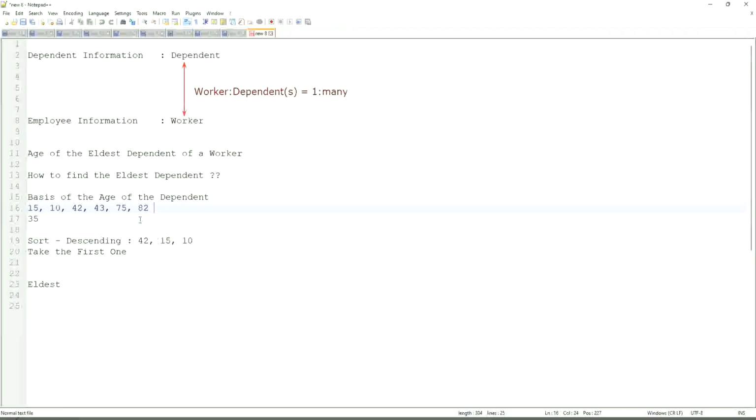If one worker has so many dependents, which these are their ages, will our logic that we have defined be absolutely bulletproof? Right. Only one problem is if there are multiple dependents with the same age. Right, if there's only children as dependents, and there is a twin the same age. So yeah, at that point it becomes difficult, but other than that it is more or less foolproof.